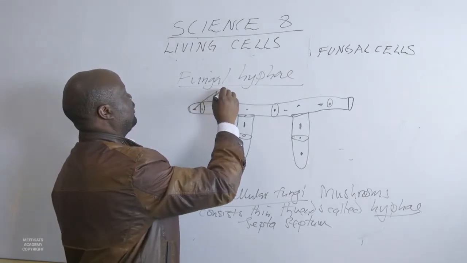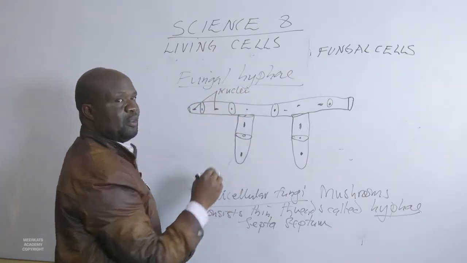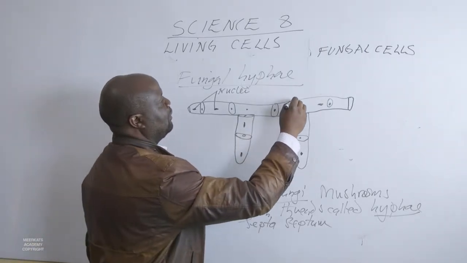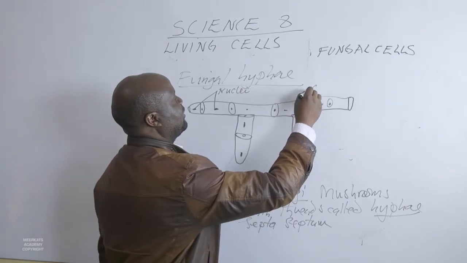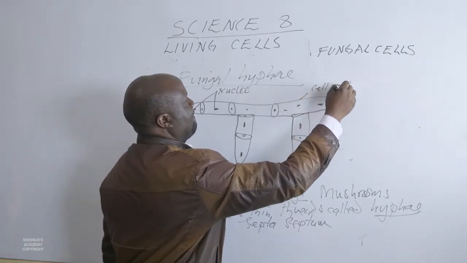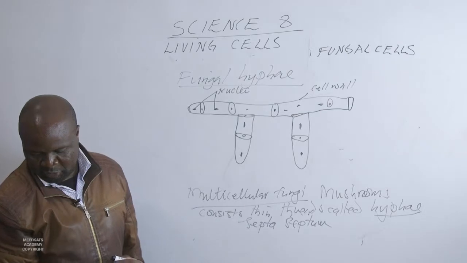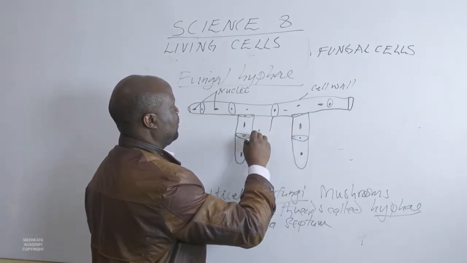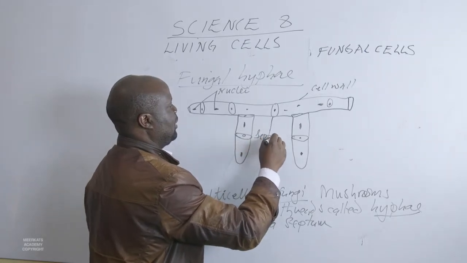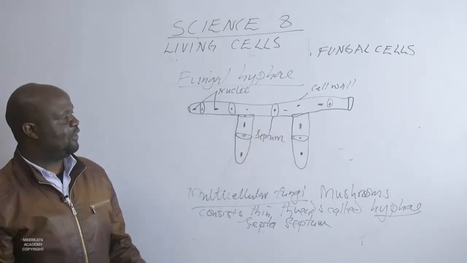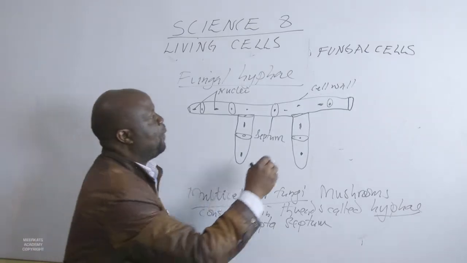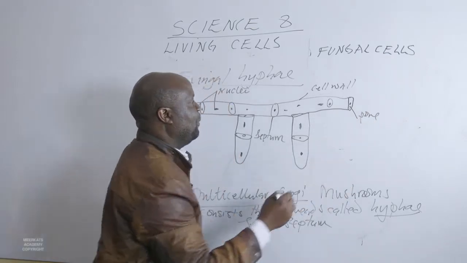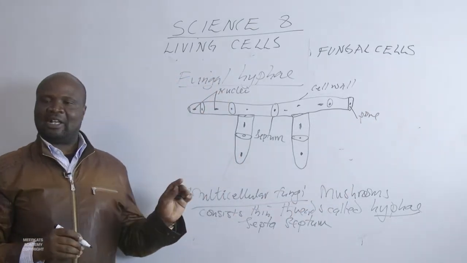These are what we are calling the nuclei, and then we have the cell wall. In this hyphae, the cell wall is here. Then from the cell wall, we have the septum. The septum is that one. Then we have the pore. That is an example of a fungal hyphae.